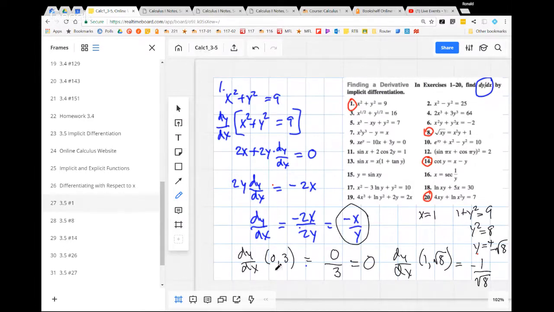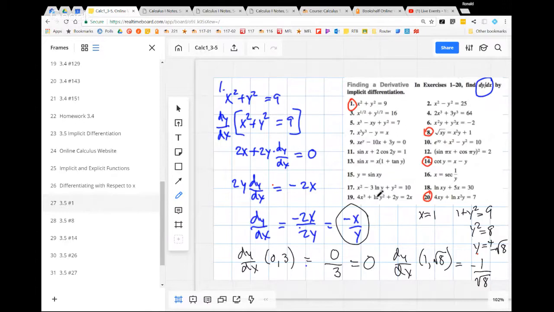Now, for example, what if I said find dy/dx at the point (0, 3)? So that means take your derivative, negative x over y, substitute in 0 for x and 3 for y, and you can see that the slope of that is 0.